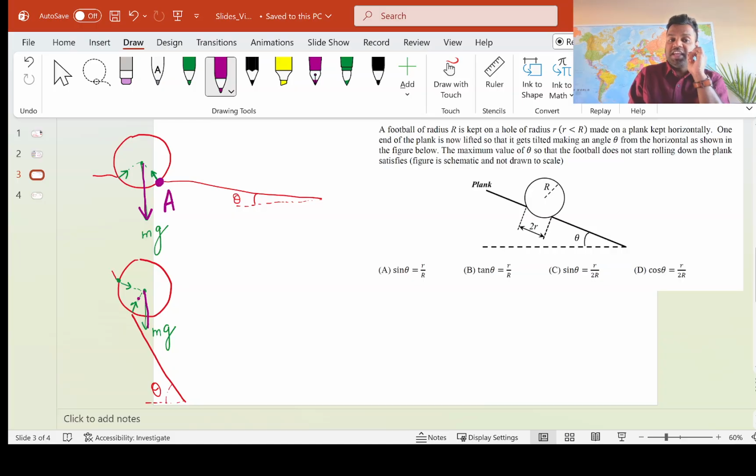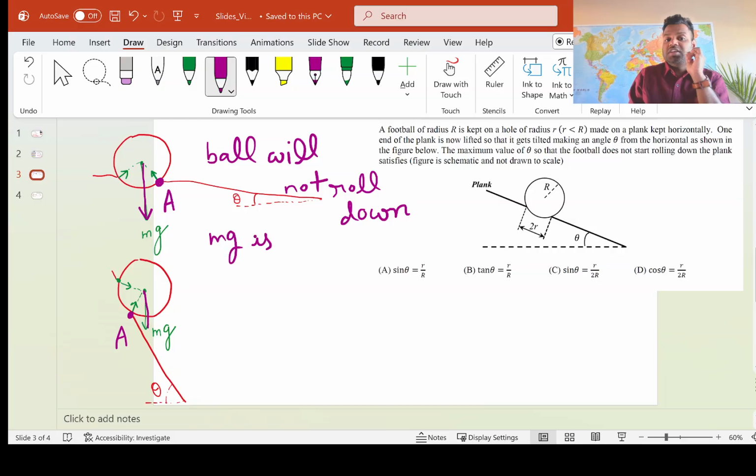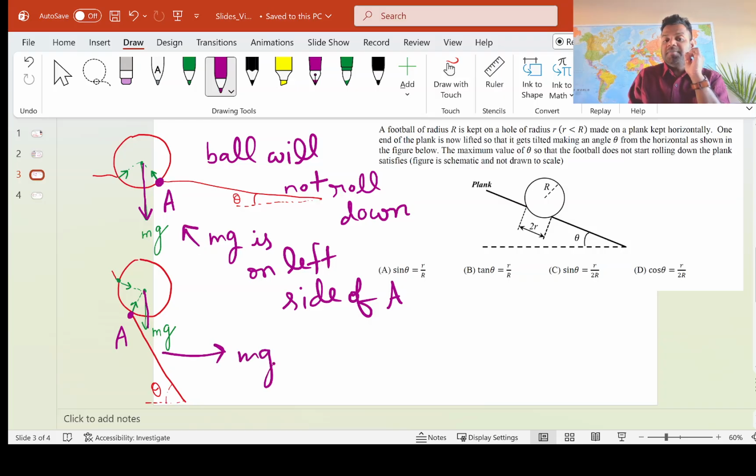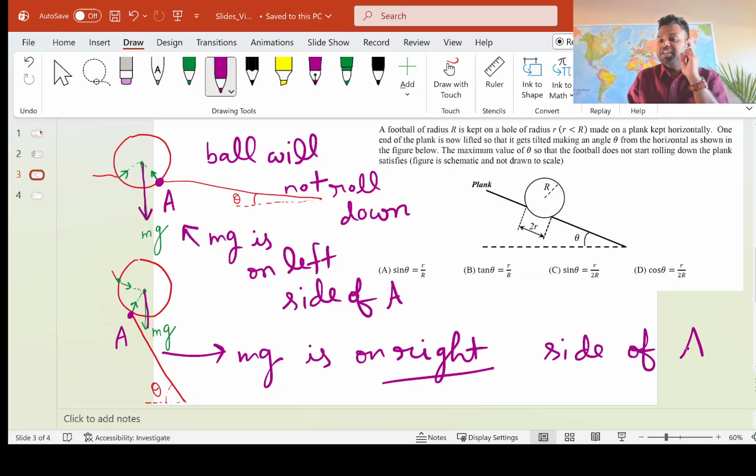Let's call this point A. So what happens is that here the ball will not roll down, because mg is on the left side of A. But here mg is on the right side of point A, and the ball will roll down.